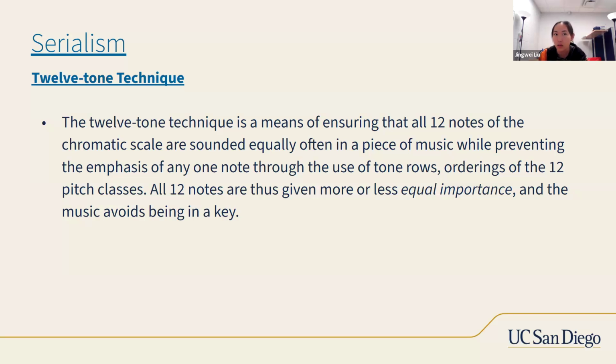In 12-tone serialism, it breaks down the tonality and divides the scale with equal distance into 12 half steps. In compositions, it uses the 12 notes with equal importance, so the music is not in any key and there is no tonal center.